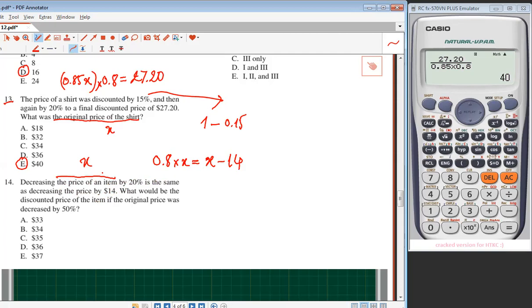Hence, we need to know that if decreasing by percent, we use multiplication, and decreasing the price by money, we need to use subtraction. So we have minus 0.2 times S equals minus 14.